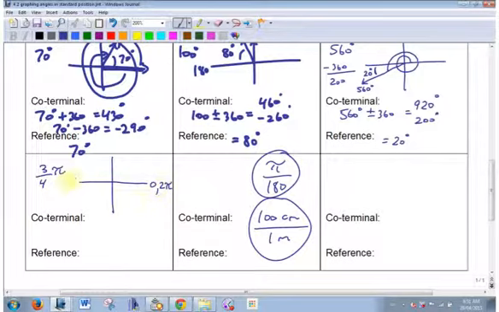Half of 2 pi is pi. So 90 degrees is half the way to pi, which is pi over 2. And then a pi plus a pi over 2, what's a pi and a half a pi? 3 over 2 pi, 1.5 pi, right?